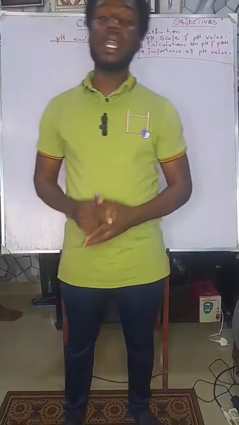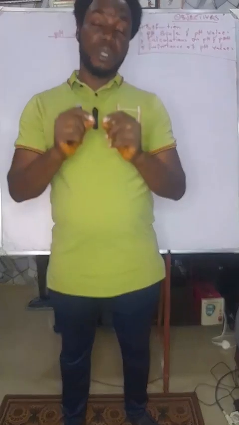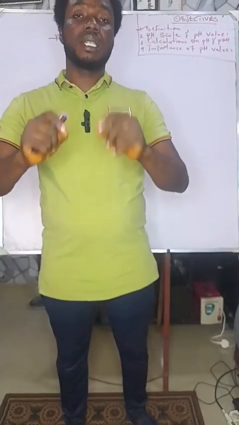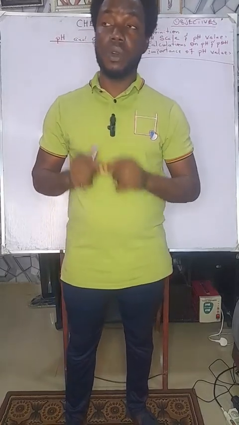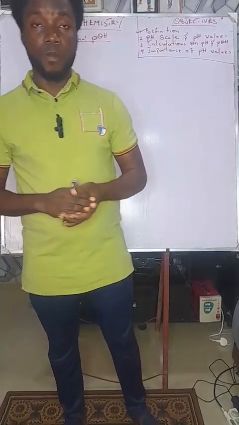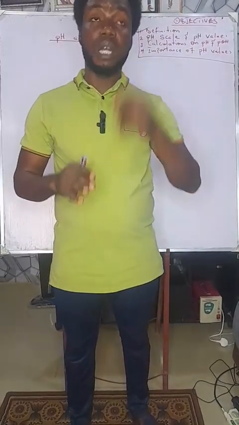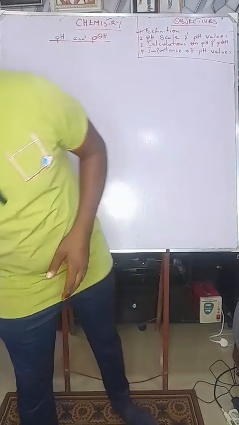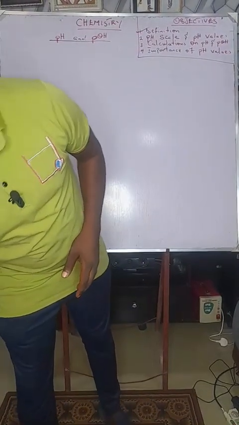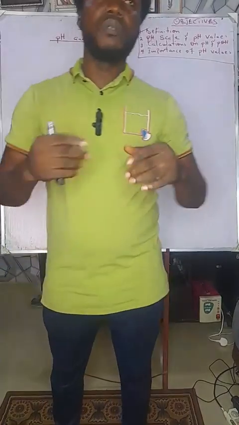Then when I give you the substance, you may test it to know whether the substance is acidic or basic or neutral. We all know that the pH of water is 7. 7 is neutral. Of course, we are still going to discuss the pH scale. Now, like I said, pH is the measure of the degree of acidity.